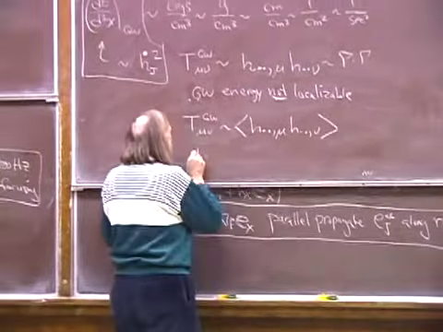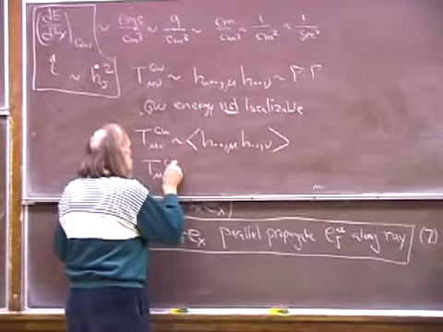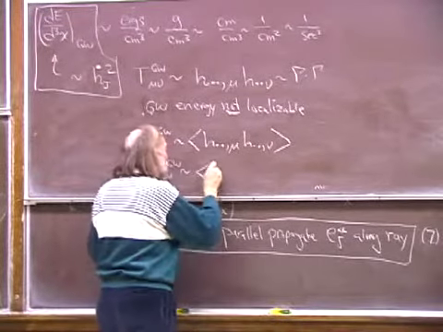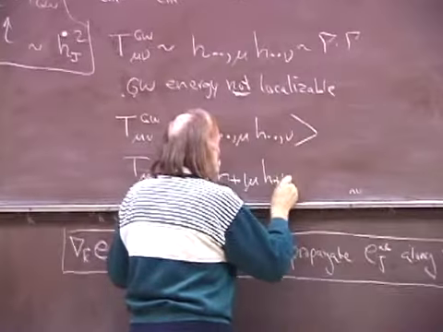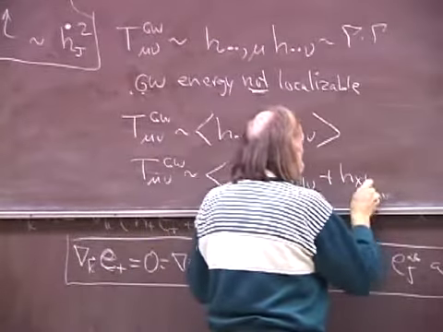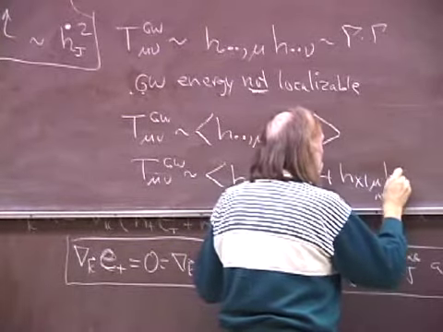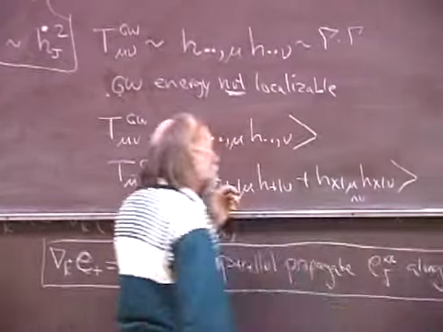And similarly, then, the bottom line must be that T mu nu gravitational waves in terms of H plus and H cross must look like H plus slash mu, H plus slash nu, plus H cross slash mu, H cross slash nu, something like that.